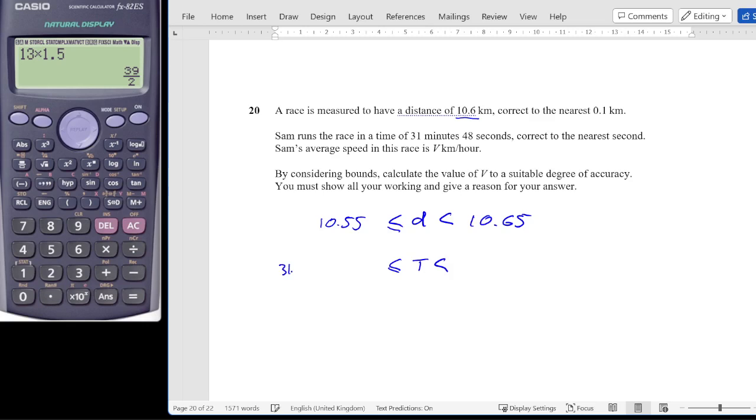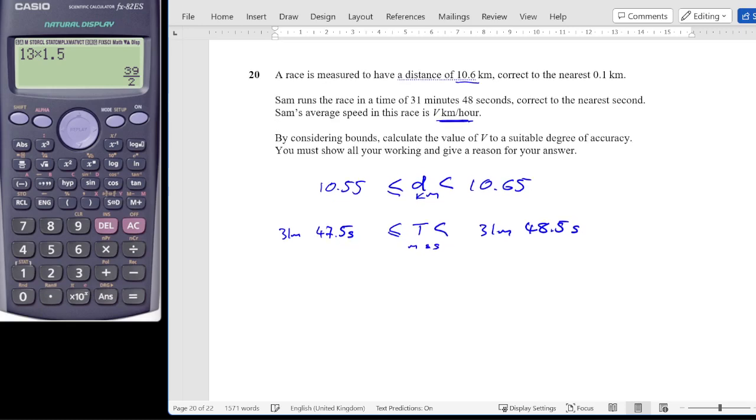So 31 minutes and 47.5 seconds to 31 minutes and 48.5 seconds. We want the speed in kilometers per hour, so we've got this in terms of kilometers, but this is currently in minutes and seconds.